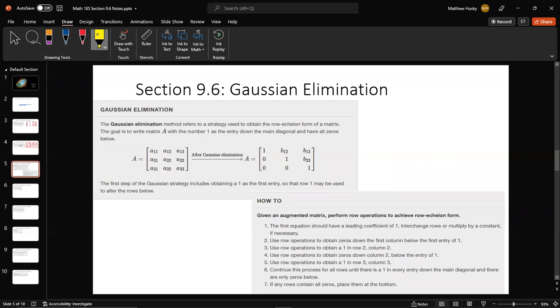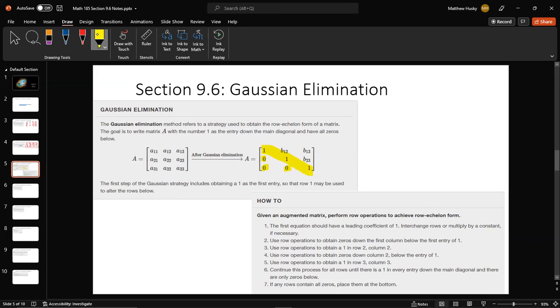The goal is to get ones along the main diagonal, is what that's called, in addition to having zeros in the bottom left corner. And then you can solve the system of equations by having this equal some number. You'll have 1z equals something.